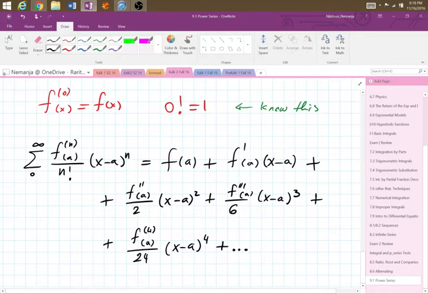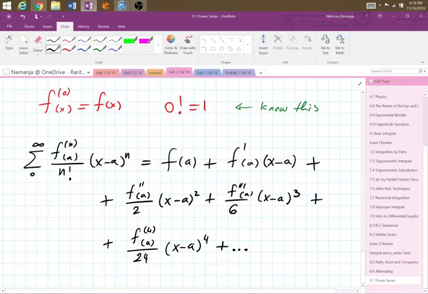I hope you saw that so far: 2, 2, 2, 3, 3, 3, 4, 4, 4. Easy to remember, always the same number all around. The order of the derivative divided by the factorial, and then the exponent on x minus a. That's all it is.